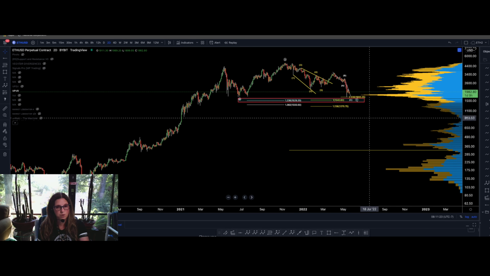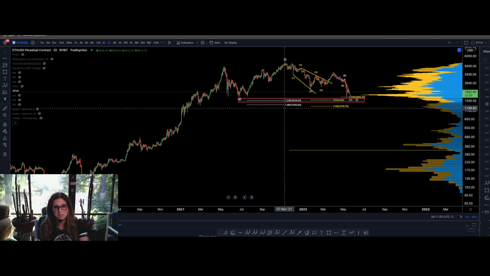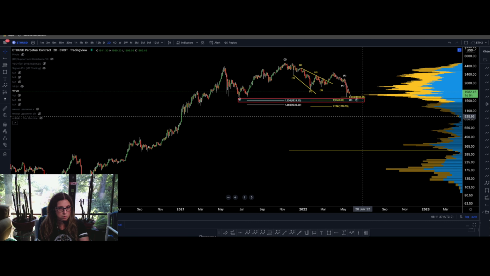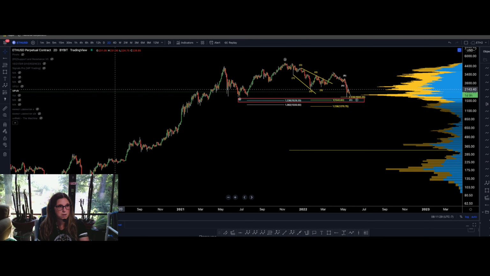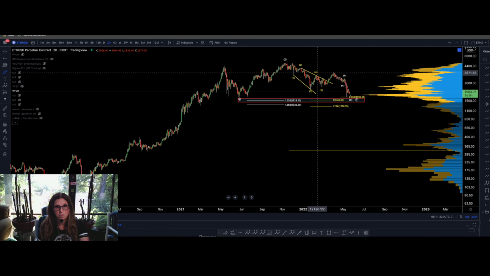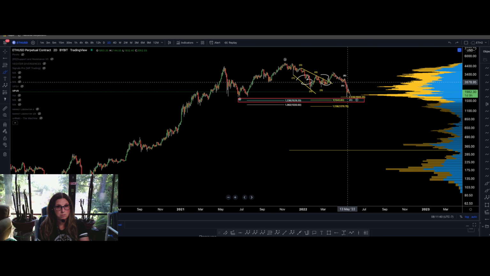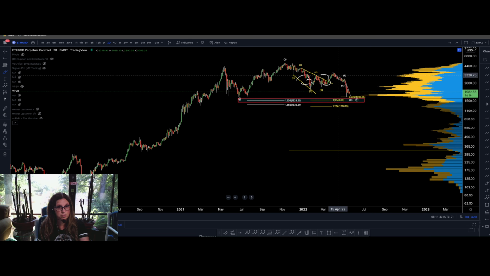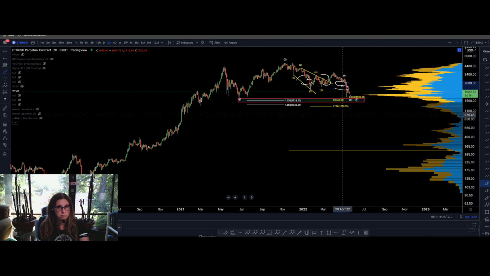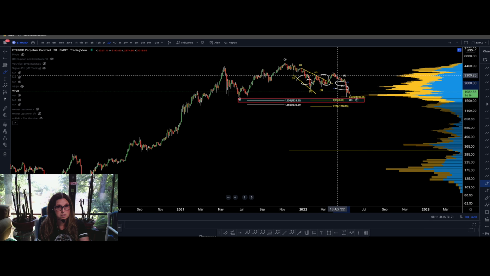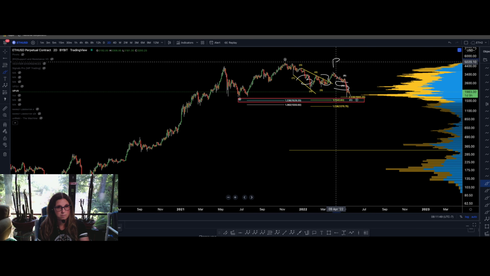I will allow that wick through. But any deeper, and we can't call this a 333 anymore. We just can't. And we can't call it a 335, because this didn't come up high enough for a B. Okay, unfortunately.